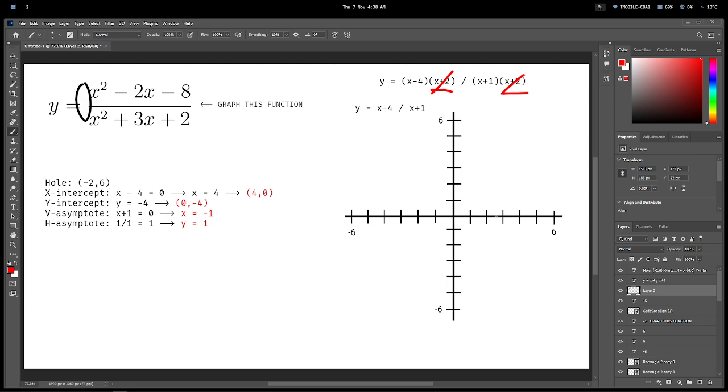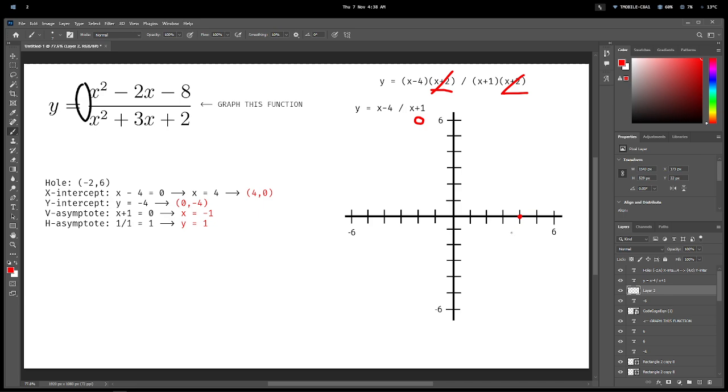Negative 2 and 6, that is where our hole is. So 1, 2, and 6 is up here. So right here. Holes need to be open circles because, you know, they're holes. Haha, funny. Okay, back to the next one. X-intercept. Our x-intercept is 4, 0. So 4 to the right. 1, 2, 3, 4.